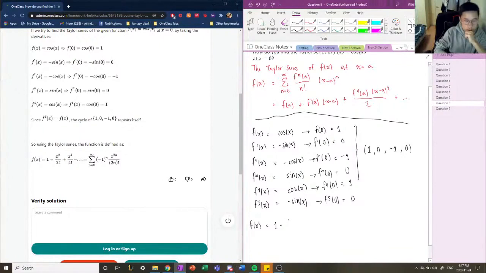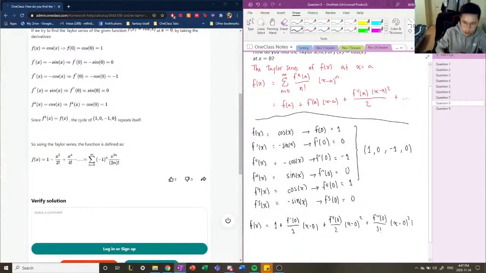I guess we can write out the whole thing for now: 1 plus the first derivative at 0 divided by 1 times x minus 0 to the power of 1, plus f double prime of 0 divided by 2 times x minus 0 squared, plus f triple prime of 0 divided by 3 factorial times x minus 0 cubed.